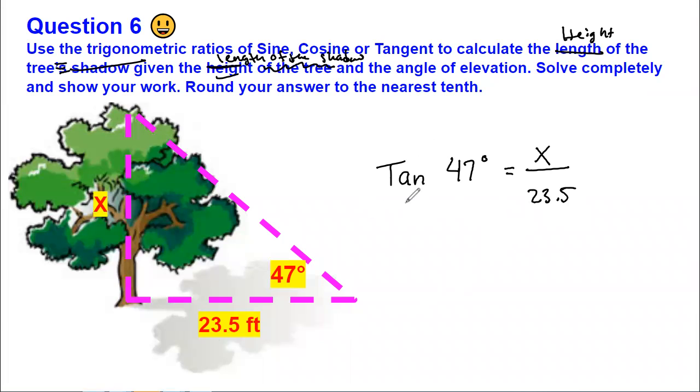What is tangent of 46 degrees? 1.0355 equals x over 23.5.